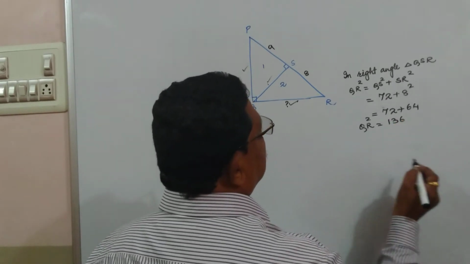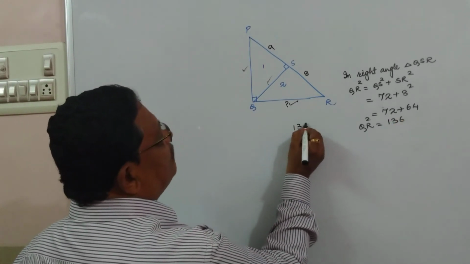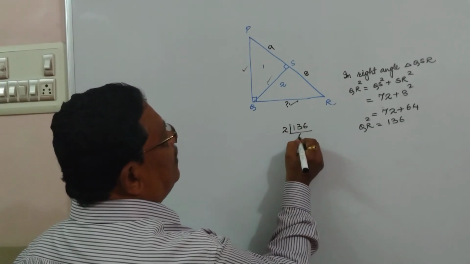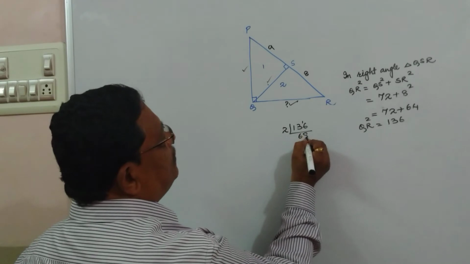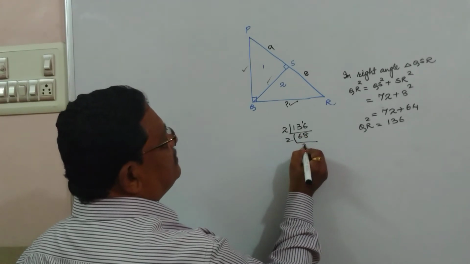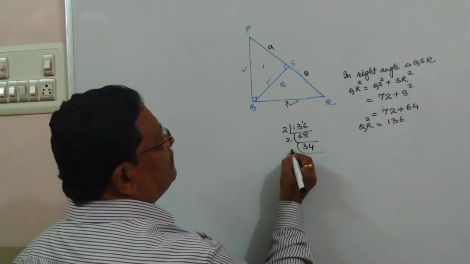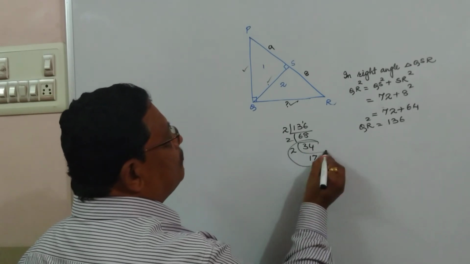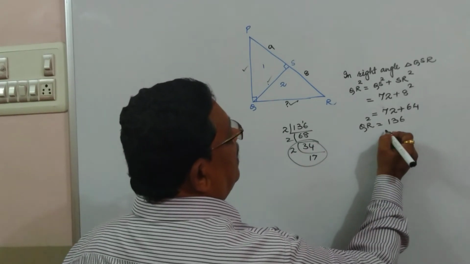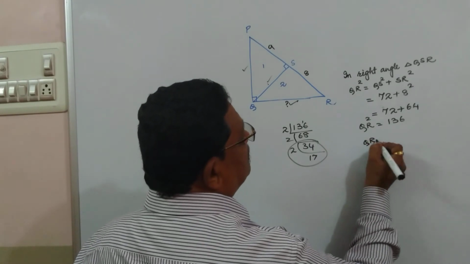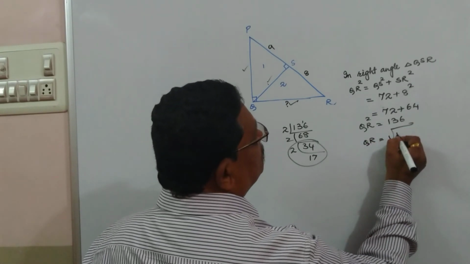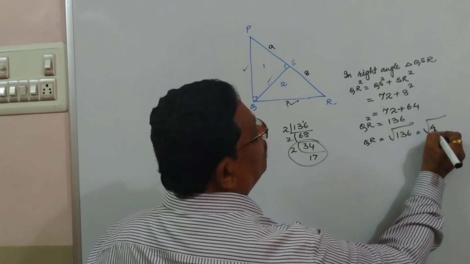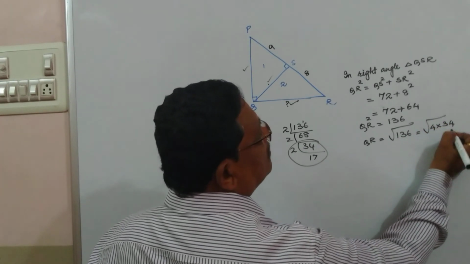Now again 136, let us simplify it, using the tree method. 2 6s are 12, carry over 1, 2 8s are 16, 2 3s are 6, 2 4s are 8, 2 17s are 34, which is not a perfect square. I can write QR is equal to under root of 136, which gives me 4 into 34.